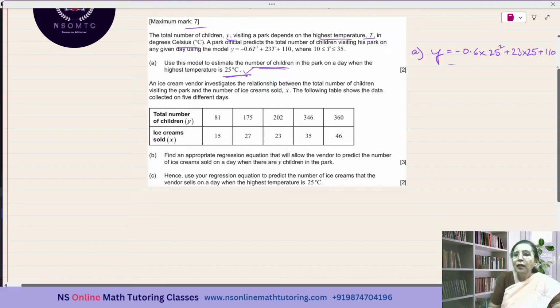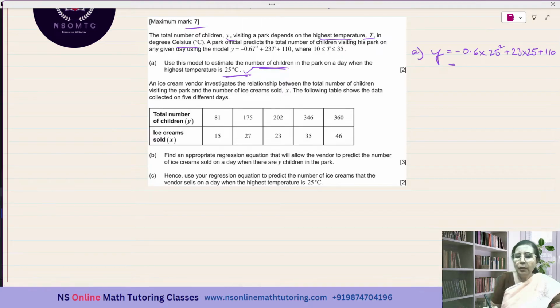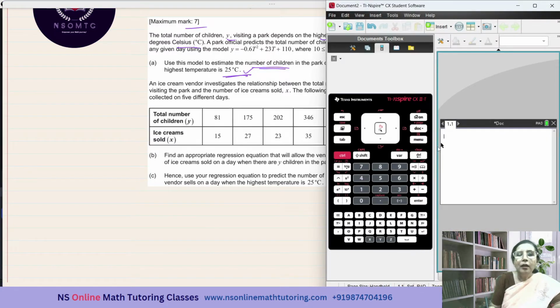Fine. So we'll be using the calculator. It is negative 0.6 times 25 squared plus 23 times 25 plus 110.